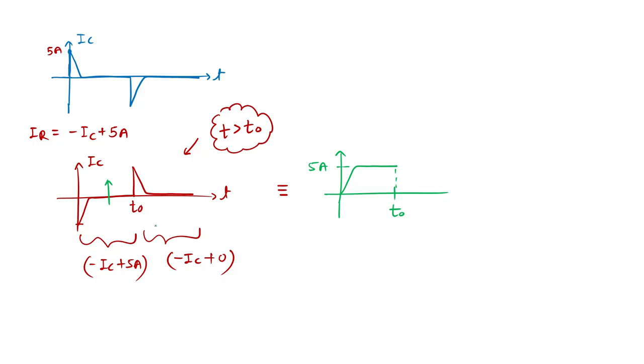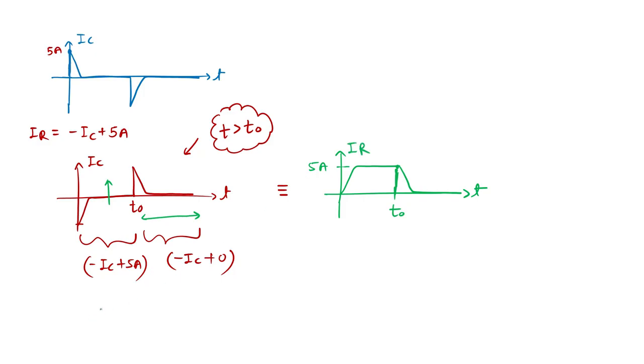And the plot after this is unchanged; whatever it is, after the 5 it will start reducing, so this will remain the same. This way we can also analyze the resistor current.